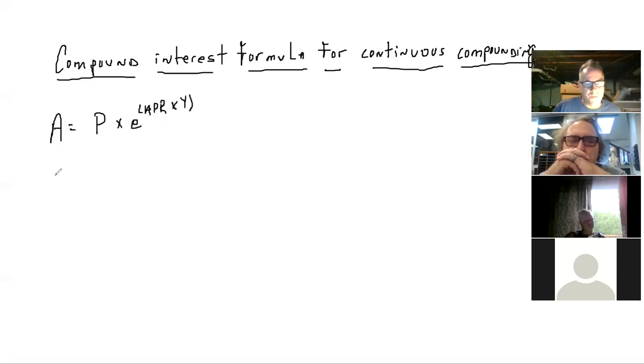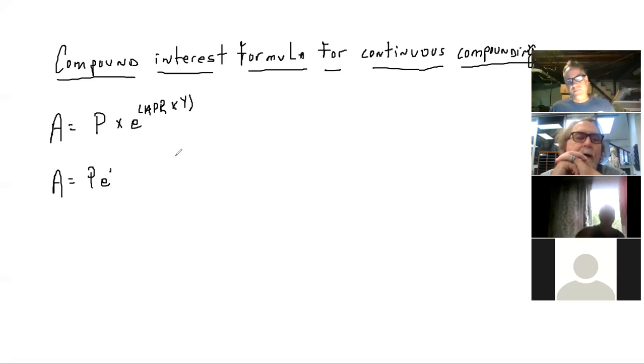All right, so you can actually write this a little more succinctly without putting in the multiplication symbols. E to the power of APR, and I do want to put a little dot there for multiplication, but that's all up in the exponent.